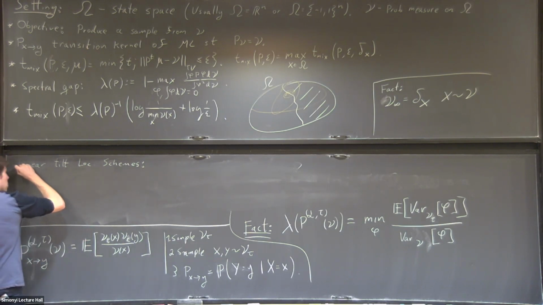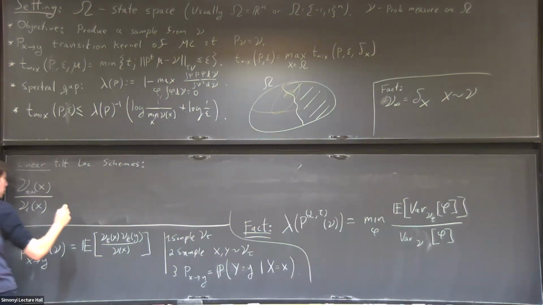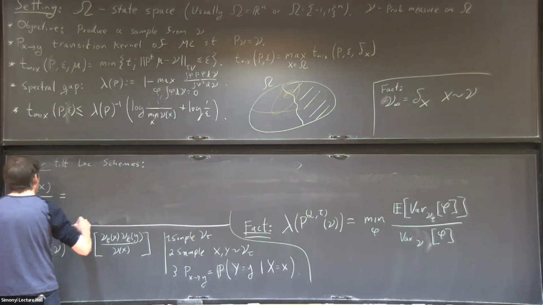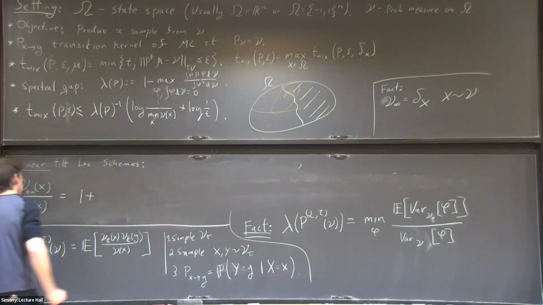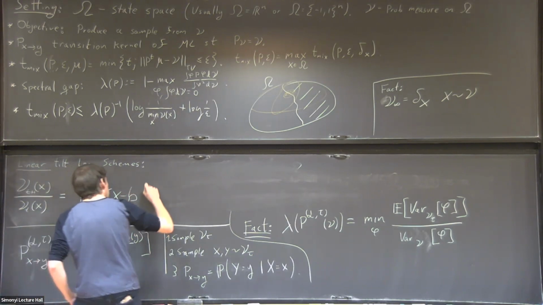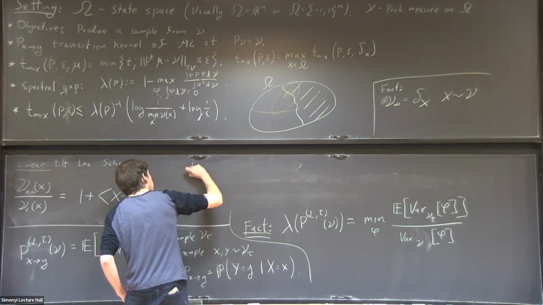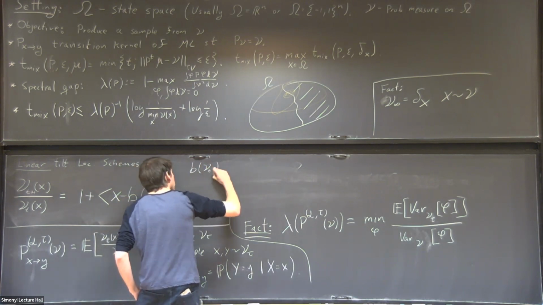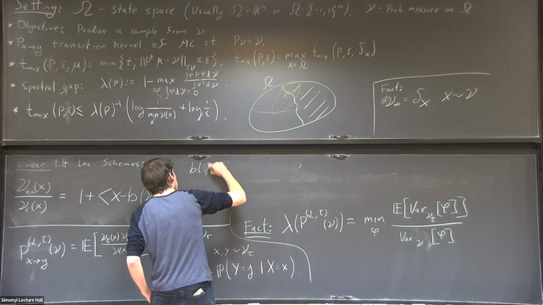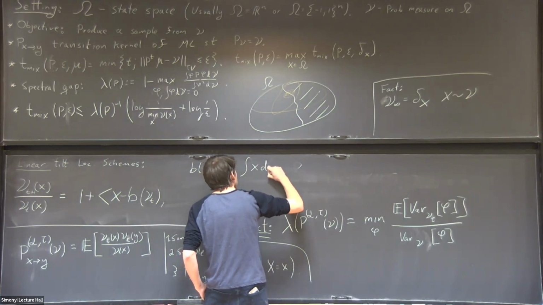So linear tilt localization schemes are localization schemes of the form nu t plus 1 of x over nu t of x is equal to 1 plus the inner product of the random gradient with x minus the center of mass of nu t. B of mu for every measure mu is defined to be just the integral of x d mu.